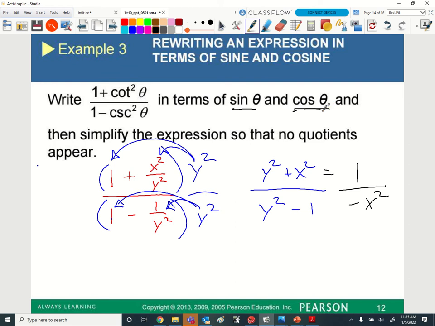I only could use the answers as cosine or sine. So I could write my answer here as 1 over, what does x represent? X by itself is cosine, so negative cosine squared theta.